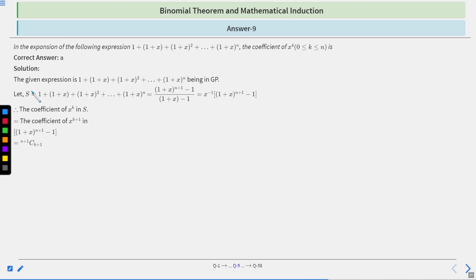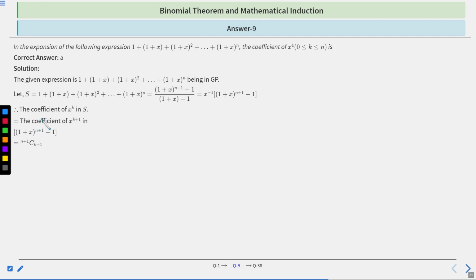Okay, let's move to the solution part. See, we have the given expression (1 + x) + (1 + x)^2 till (1 + x)^n, which is in GP. Assume it to be S. S is equal to (1 + x) + (1 + x)^2 till (1 + x)^n. It can be written as ((1 + x)^(n+1) − 1)/((1 + x) − 1), which is equal to x^(−1) into ((1 + x)^(n+1) − 1), right?